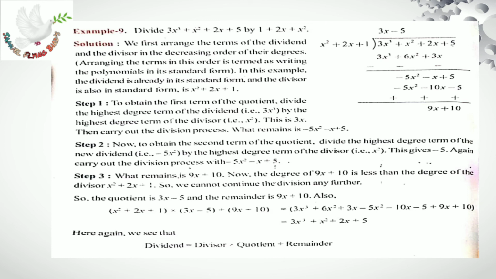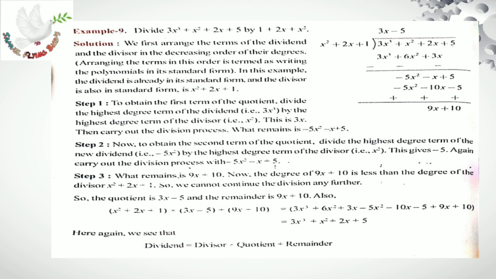If we go by the dividend procedure which we have learnt in lower classes for the verification, dividend equals divisor into quotient plus remainder. This method we are considering to verify whether the answer is correct or wrong.